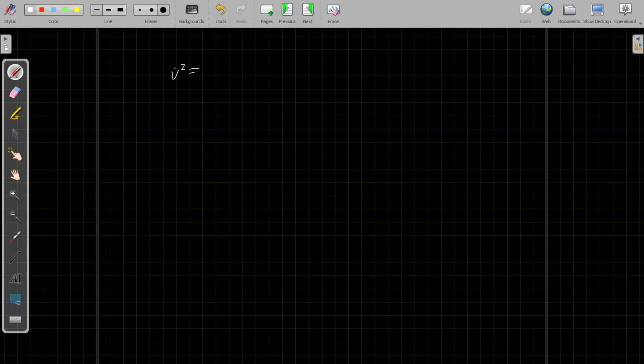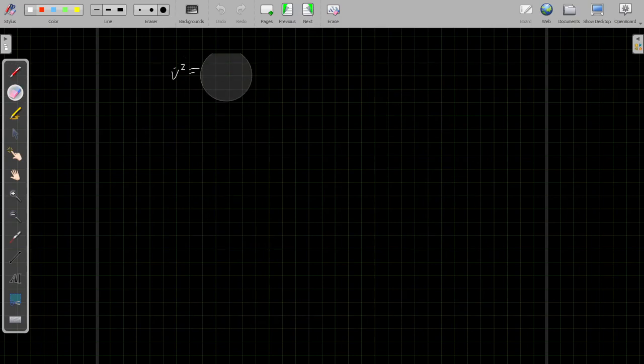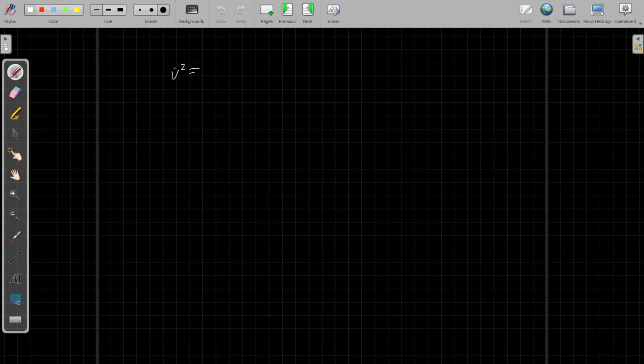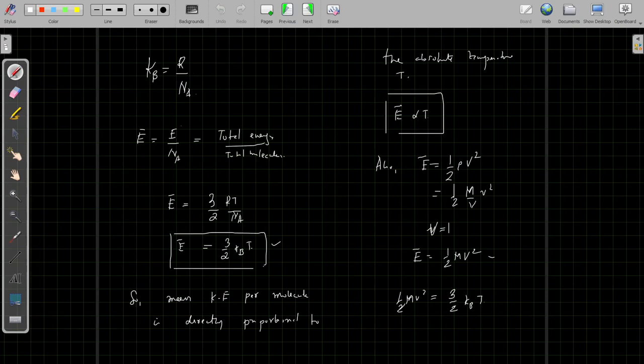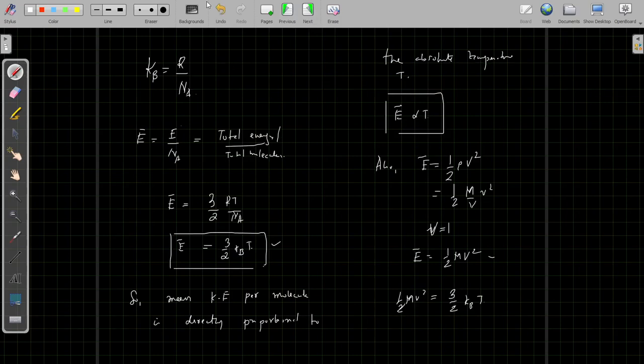So half gets cancelled. V mean square would be equal to 3 RT by M, if I'm not mistaken. Okay, sorry, why am I writing directly? Wait a minute, let us not take this way, it would be problematic.